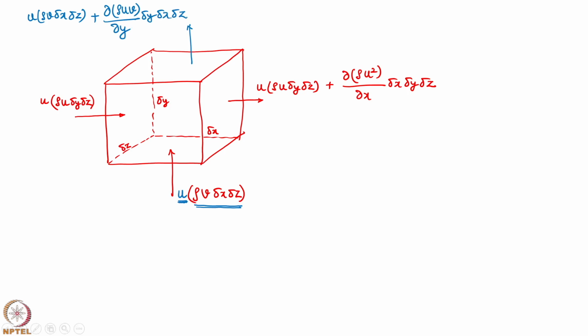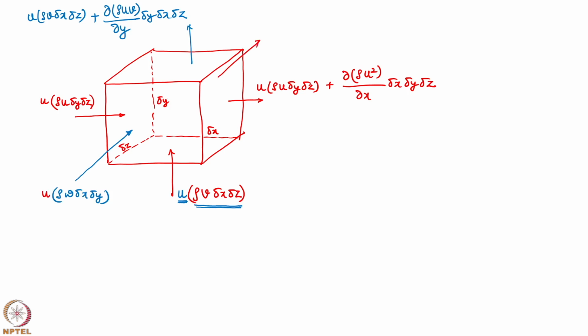plus dou of rho u v divided by dou y into delta y delta x delta z. Now I would give this as an exercise, you can write it yourself, that is rho w delta x delta y. This is the mass flow rate flowing in the z direction. But what x momentum is it carrying? That is by virtue of velocity u.